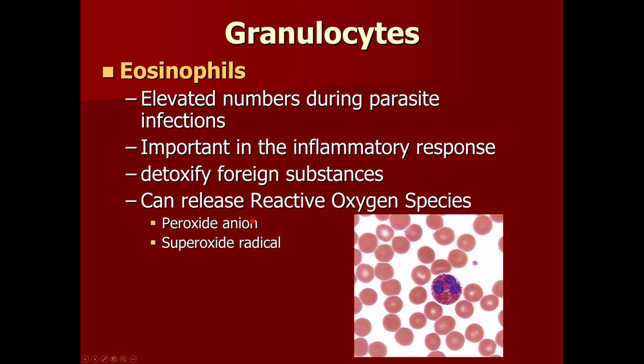Remember, these are dangerous forms of oxygen that most of the time our body has to detoxify. But some white blood cells and other cells in your body can actually use these dangerous forms of oxygen to break chemicals apart or even kill microbes.